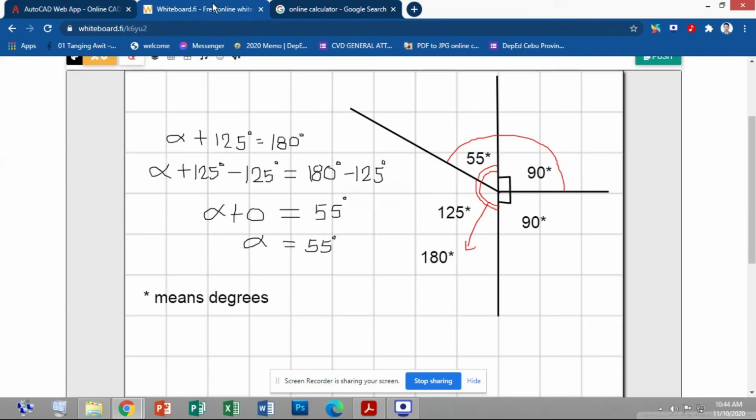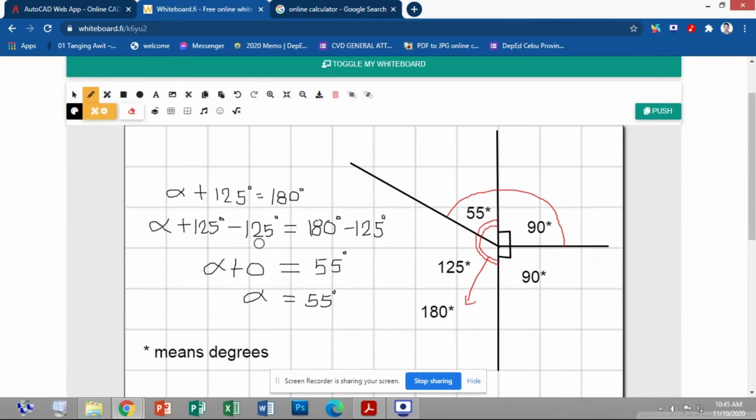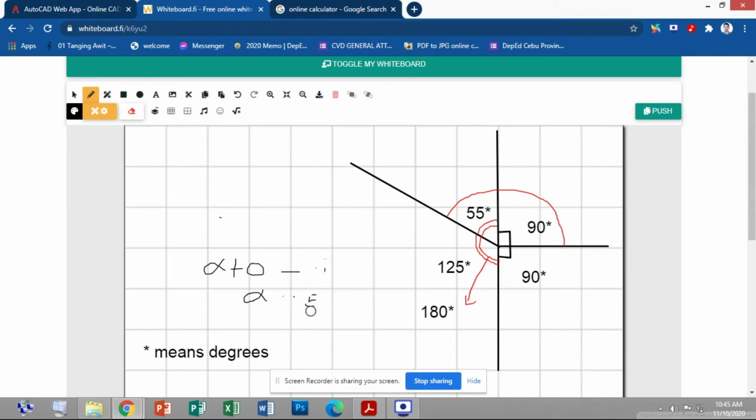So, I will erase this one. We're just going to add 90.